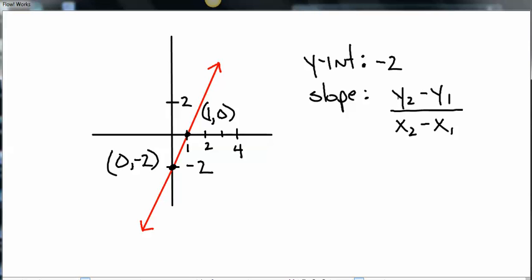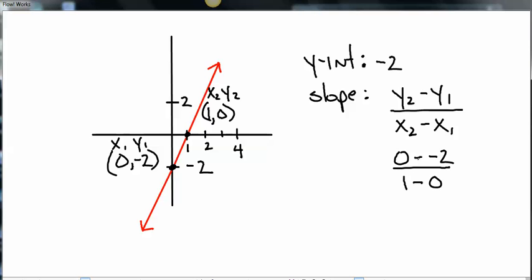Okay. So let's call this x1, y1, and we'll call this x2 and y2. So if we plug these into this equation, we can get the slope. So what's the y2? 0 minus negative 2 divided by 1 minus 0.